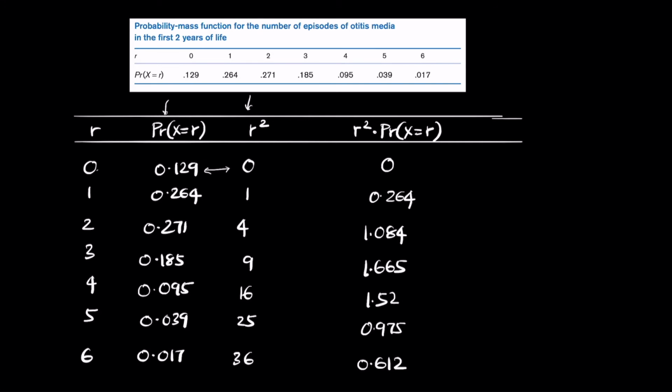So when you add all of these values up, the sum gives you 6.12. So this value, sigma r square into probability of x equal to r, is 6.12.